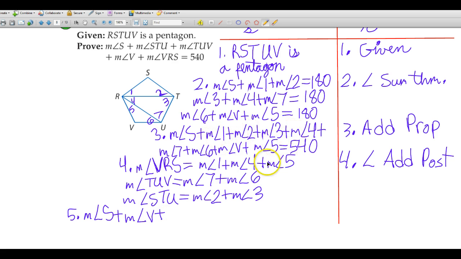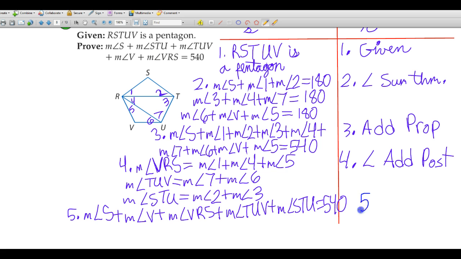And then all these numbers go away and we get these angles in place of them. And of course that's equal to what it was equal to before, 540. And so that's what we wanted to prove, and we did that through substitution.